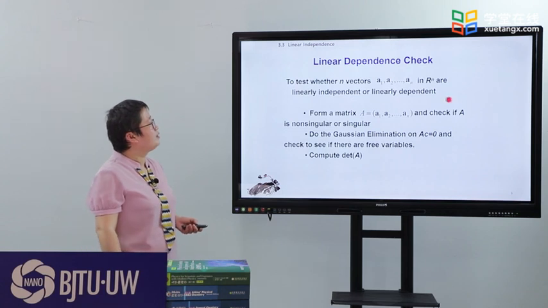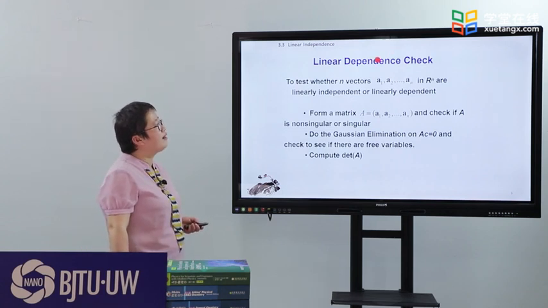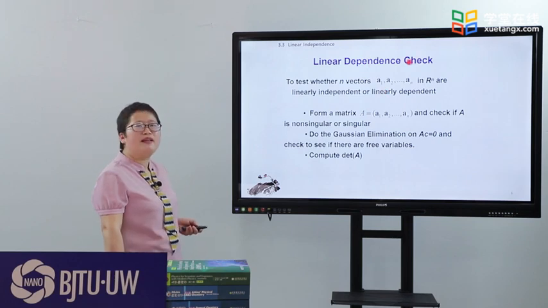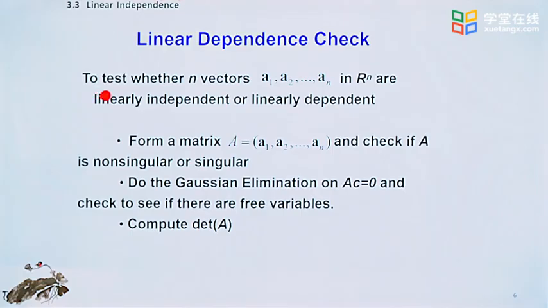Okay, how to check whether a series of given vectors are linearly dependent or not? So we use this way. To test whether n vectors A1, A2 till An in Rn are linearly independent or dependent, we first form this matrix A, composed by A1, A2 till An.